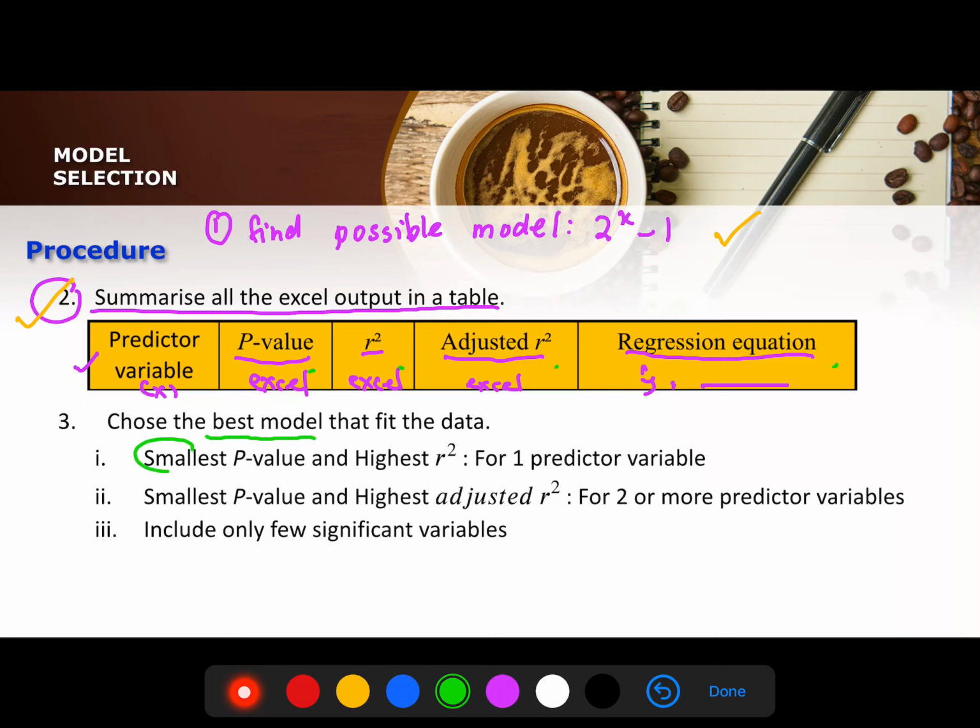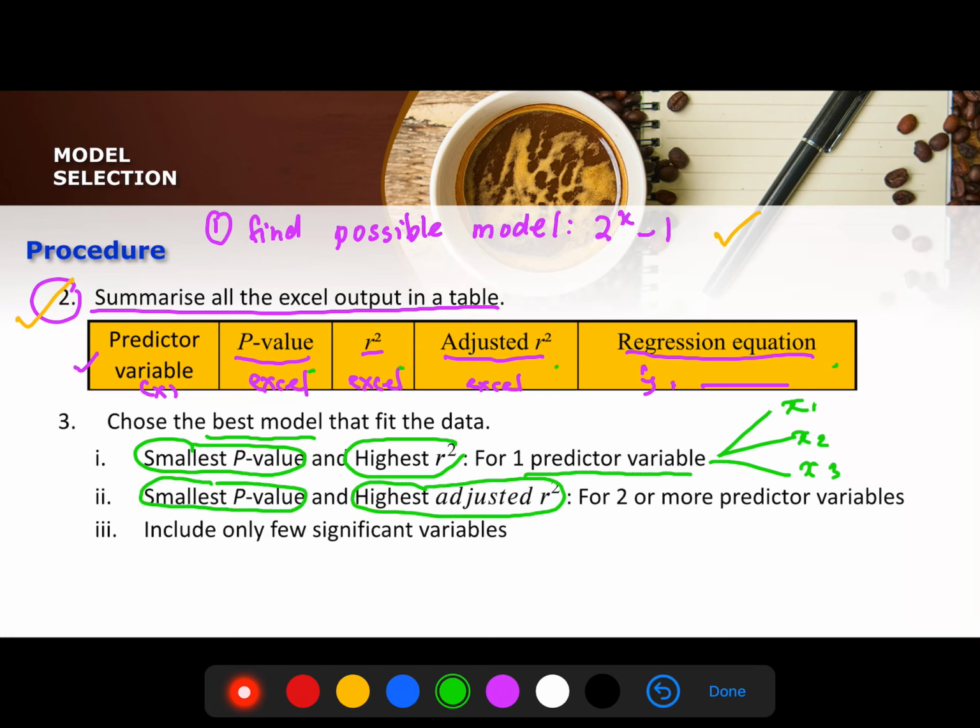Look at the smallest p-value and highest r square for one predictor variable, which is x1, x2, x3. Find the smallest p-value and highest adjusted r square for two or more predictor variables: x1, x2, x2, x3, x1, x3.